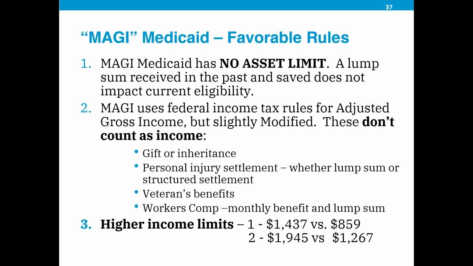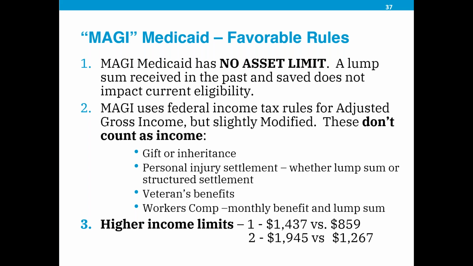You need to consult a tax professional about whether any particular settlement would be taxable and therefore under MAGI. But I do know, generally, a personal injury settlement is not taxable.